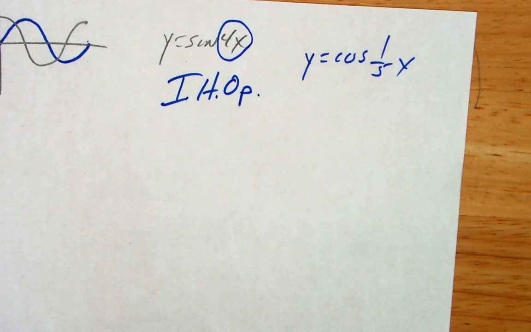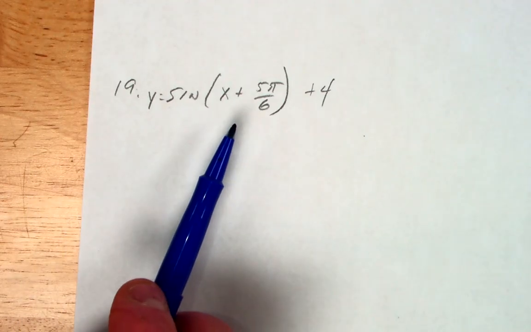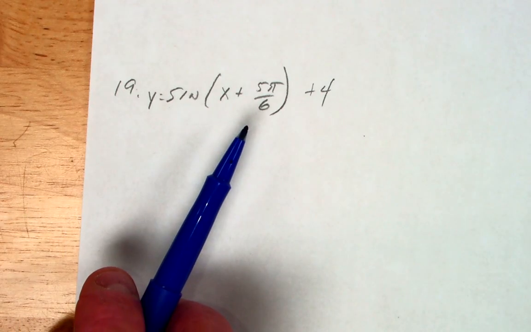But today, we've actually got a lot of work to do. Let me ask you guys a question, because I'm making an assumption. Have you guys ever graphed something like this before? No. Okay.